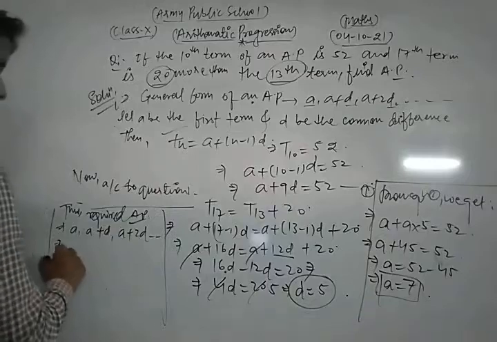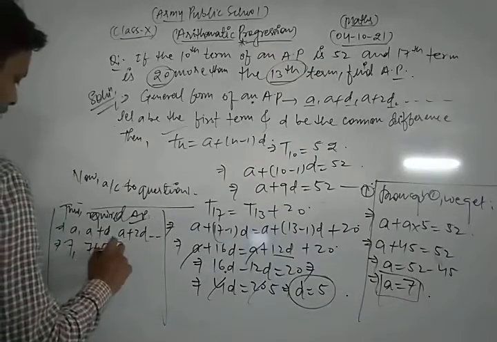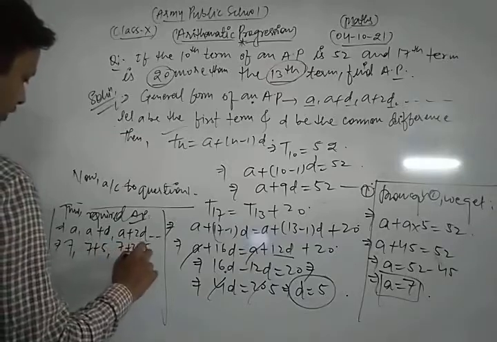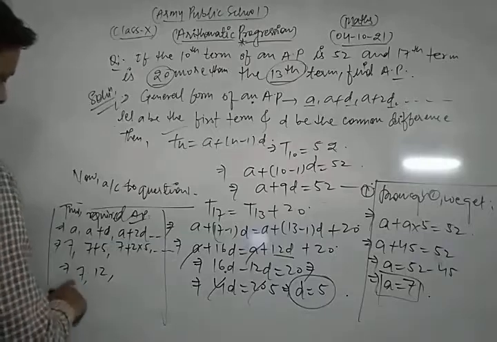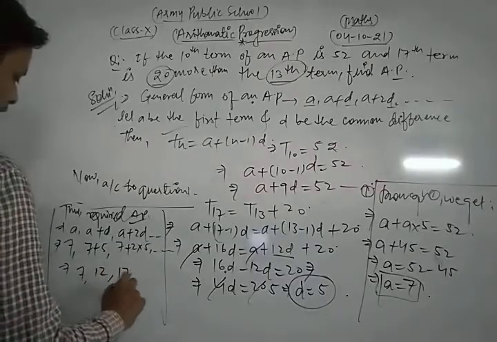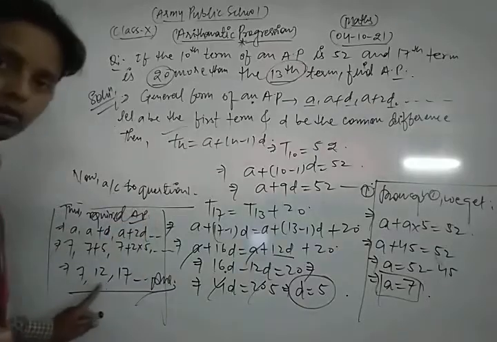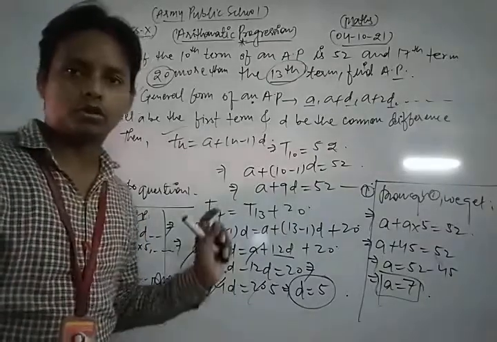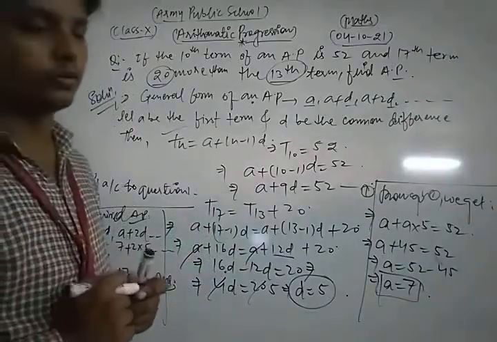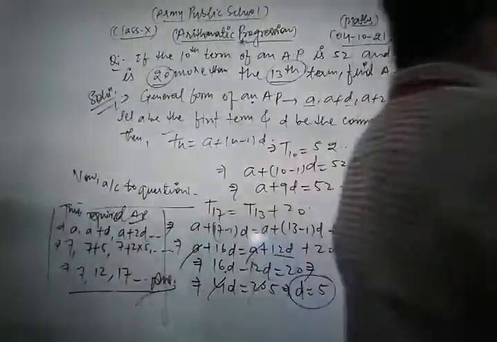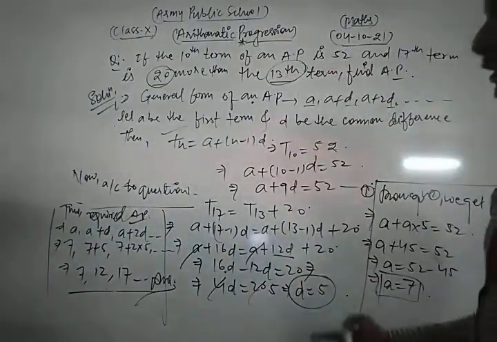So a is 7, then 7 plus 5, 7 plus 2 into 5, and so on. So we get 7, 12, 17, and so the required AP is 7, 12, 17 and so on. In this way, dear friends, you can solve each and every question of your NCERT exercise based on this topic.